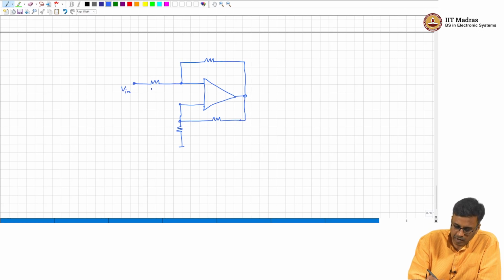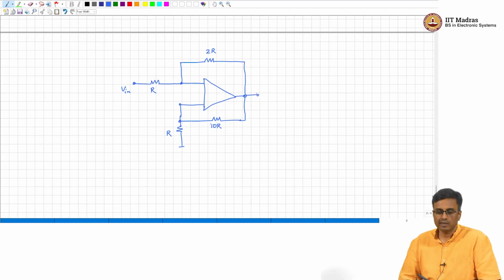Let us take some numbers. Let us say this is R, this is 2R, this is R, and this is 10R.